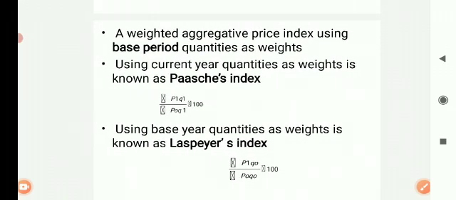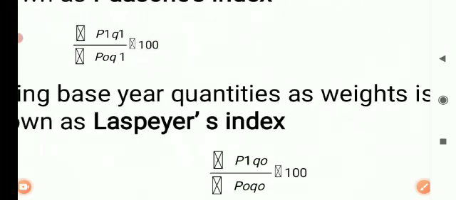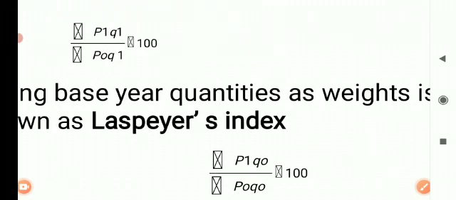Using base year quantities as weights is known as the Laspeyres index. When Paasche uses current year quantities as weights in his calculation, Laspeyres uses the base year quantities as weights in his calculation. There is a small difference between the Paasche method and the Laspeyres method.